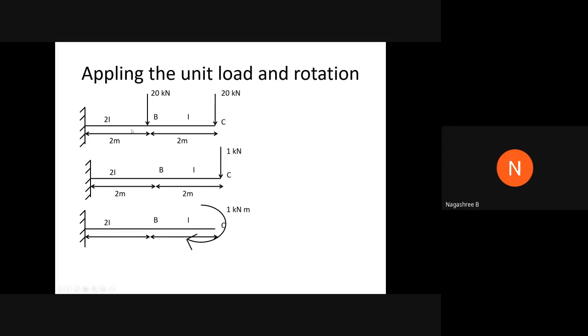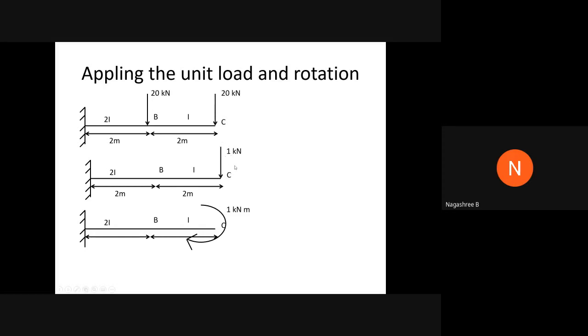Therefore, at point C, we are supposed to put a point load of magnitude equal to 1 kilonewton, in order to determine the deflection at point C, that is exactly at the free end.